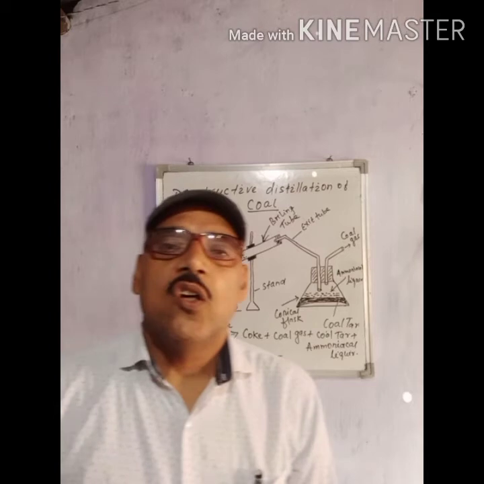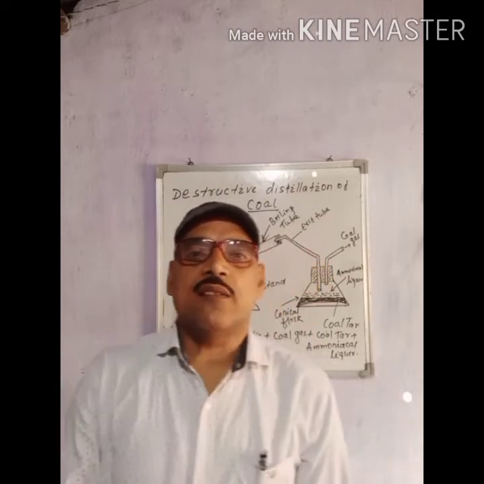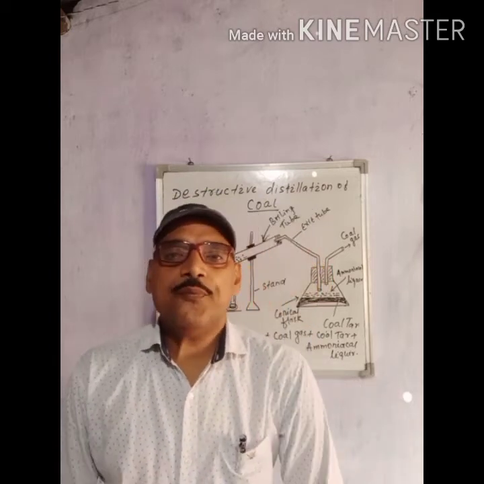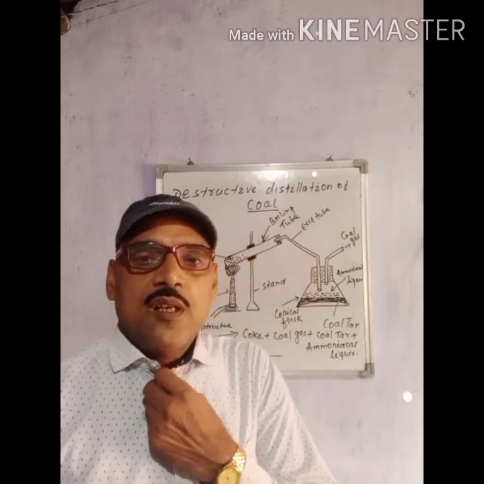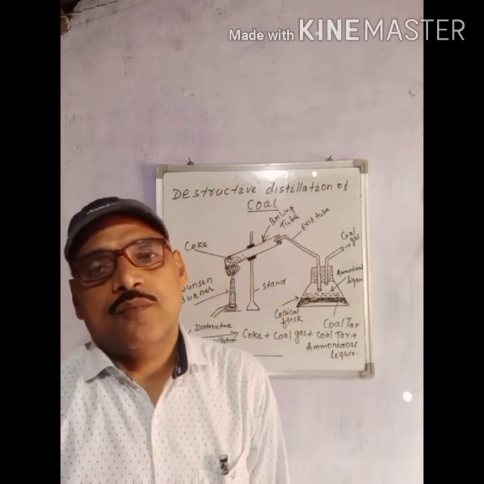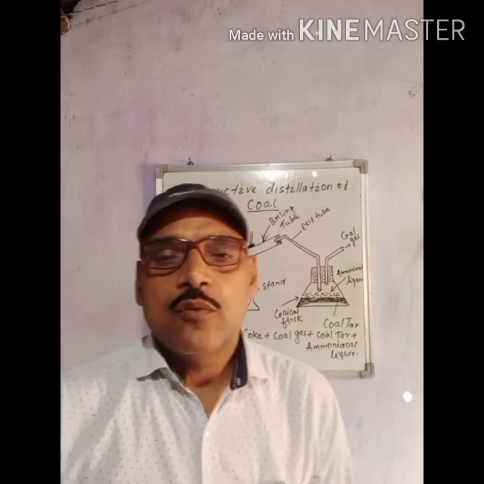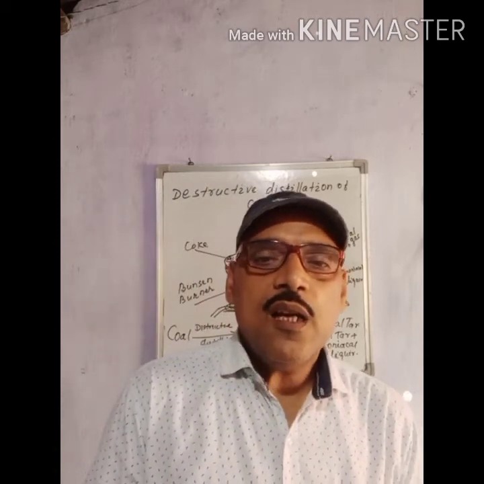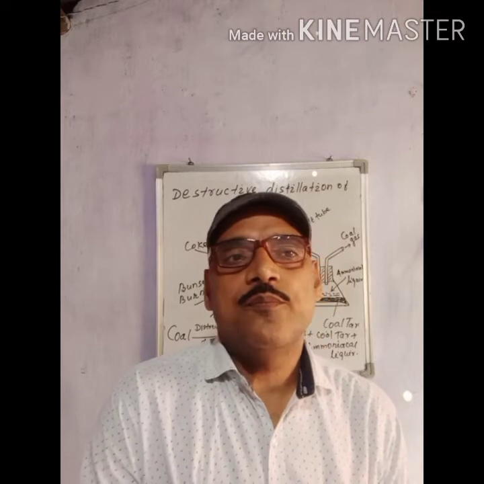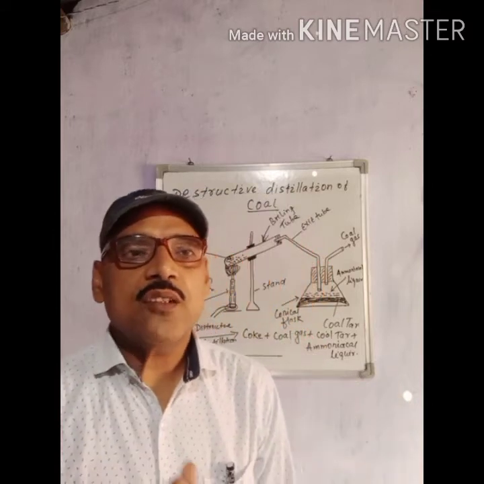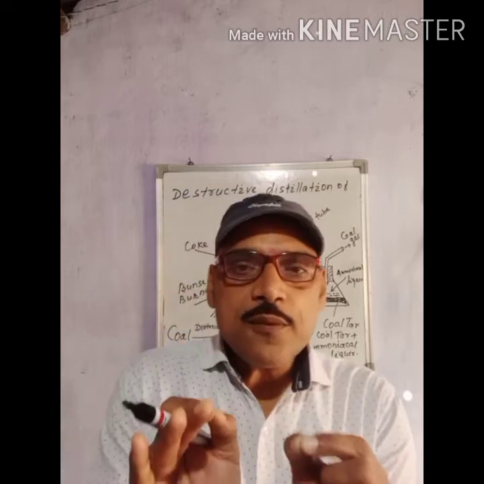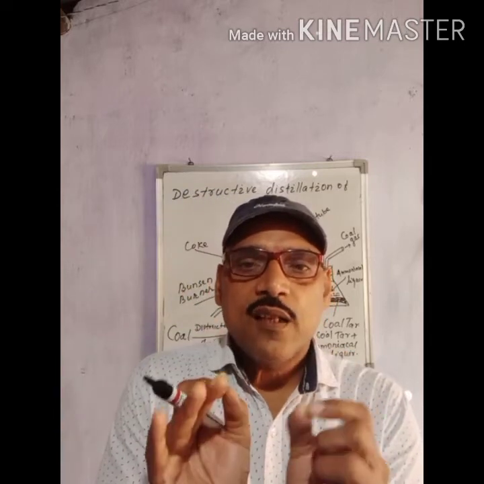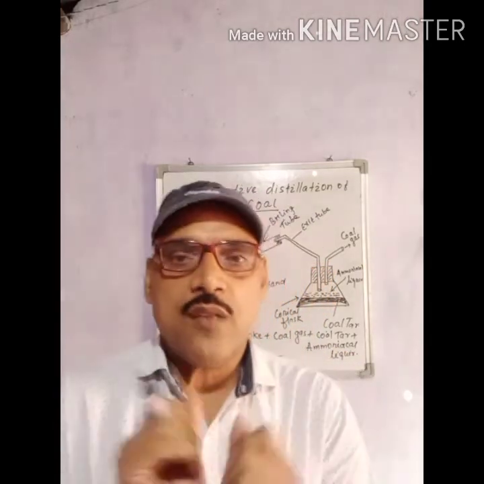Students, all the four ingredients obtained from destructive distillation of coal are very important. Let us know a little about them. The first one is coke. Coke is a tough, porous and black substance.